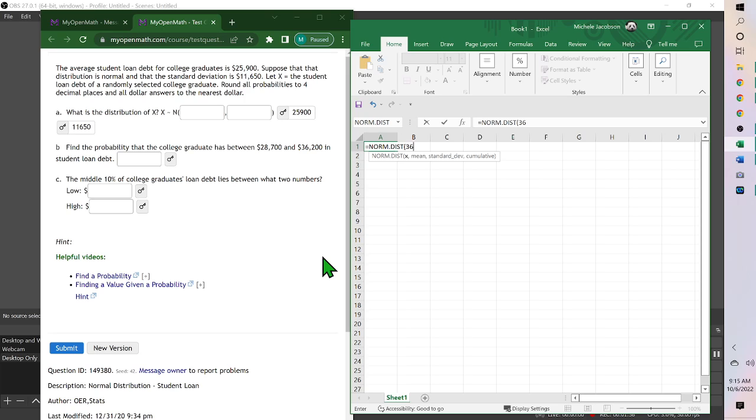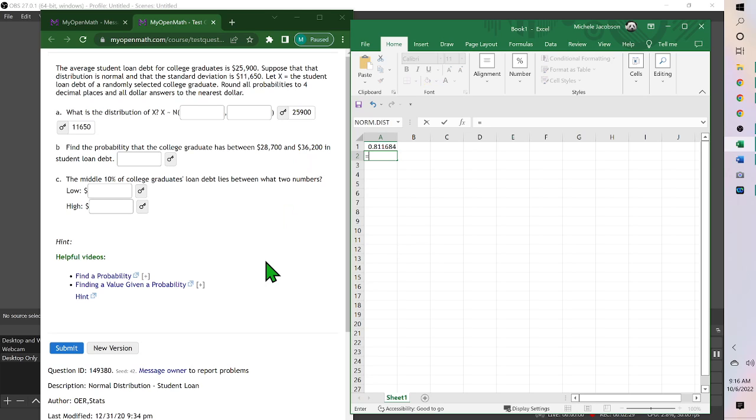So 36,200, comma, the mean, 25,900, comma, standard deviation. And since we're talking about the normal curve, under the curve is 1. So you do put a 1 on this one. 81% is below 36,200.